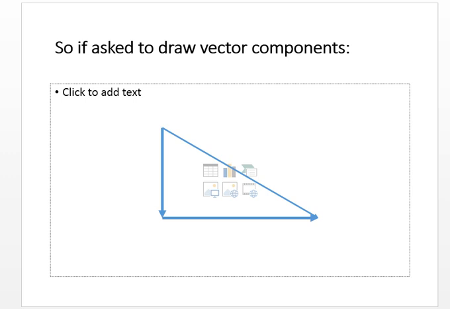And then the x component would start at the tip of the y, and it would go across to the right, and it would stop at the tip of the vector, and I would label that delta x. So you want to make sure that your vectors make a right triangle, and that you draw them tip to tail, and that you definitely show the direction by drawing them as arrows, not lines. A line segment is not a vector. A vector is an arrow.